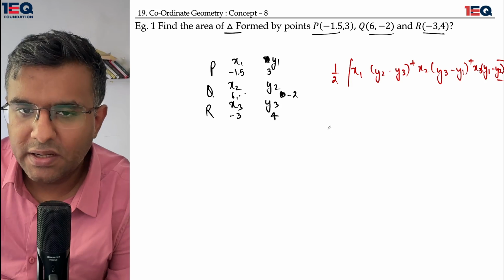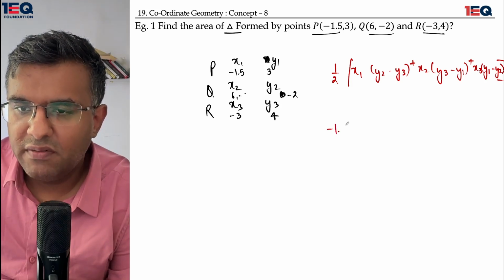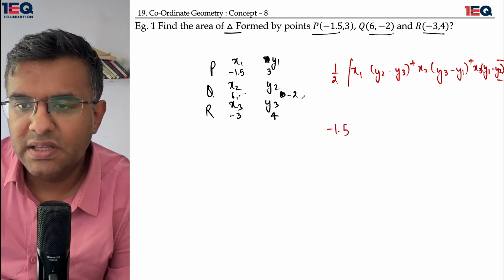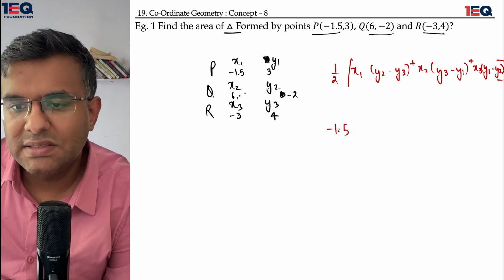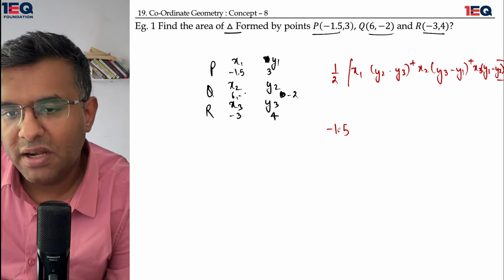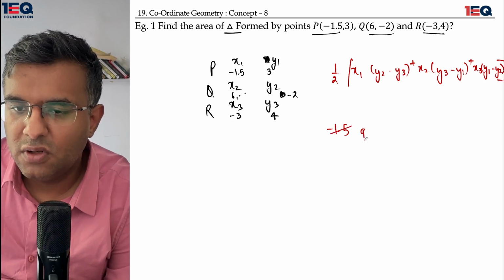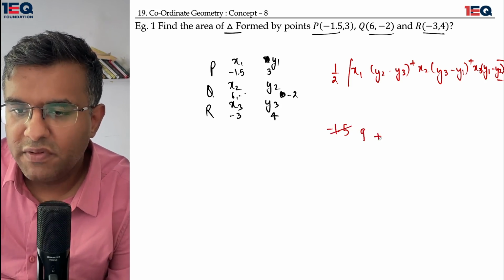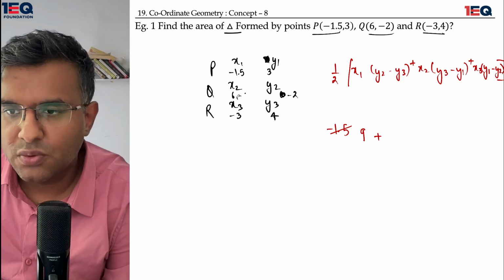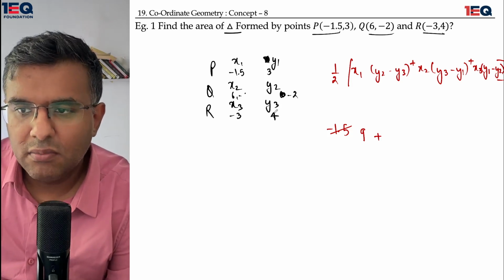I'll quickly write it down: minus 1.5 being multiplied by (y2 minus y3), which is equal to minus 6. The minus 6 when multiplied by minus 1.5 would give me 9. So this is going to be a simple 9 here, with a plus sign, x2 being equal to 6, times (y3 minus y1).